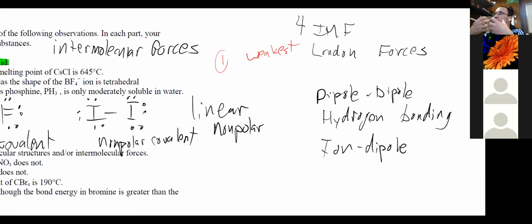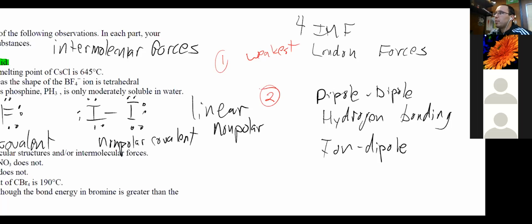And so that's a pretty strong attraction there, right? Dipole-dipole is weaker than that because each dipole is only a partial charge. So now you have 2 partial charges coming together. And so that's a weaker interaction compared to an ion dipole, where that ion has a full charge interacting with the dipole or partial charge on the other one.